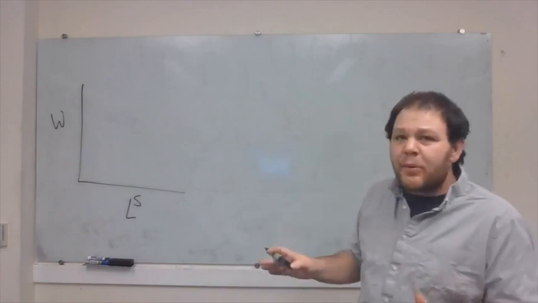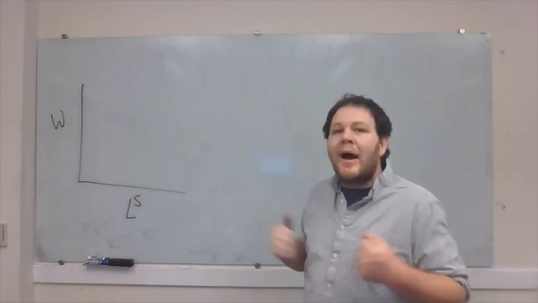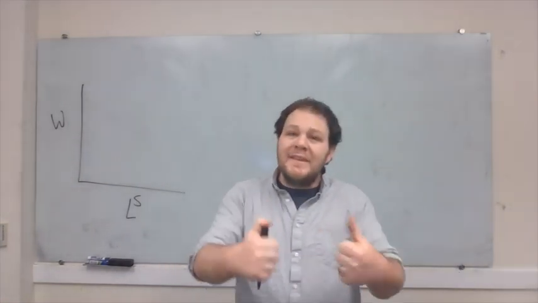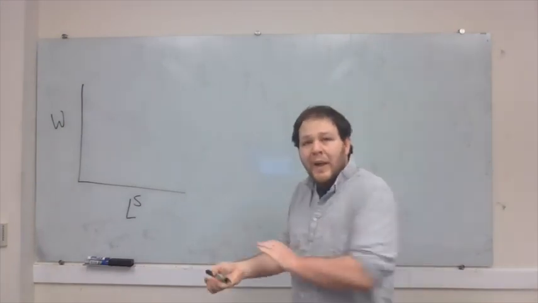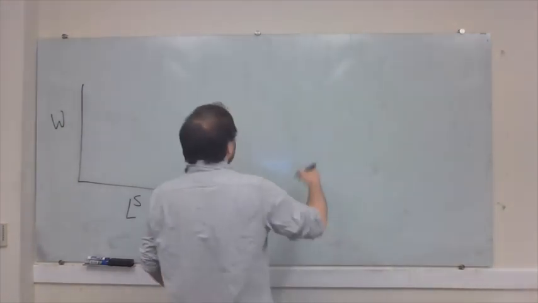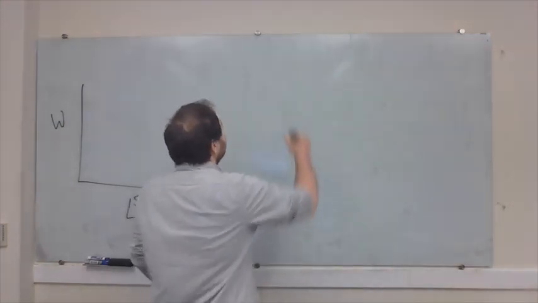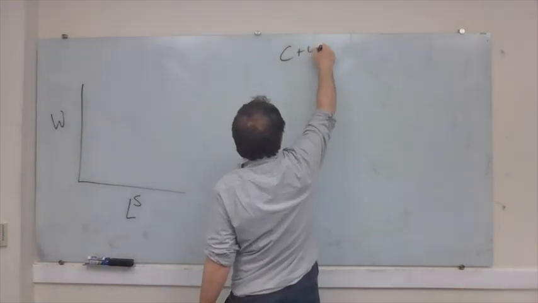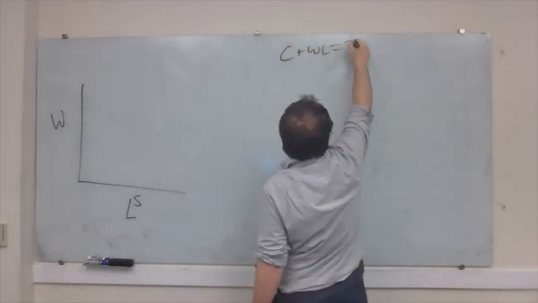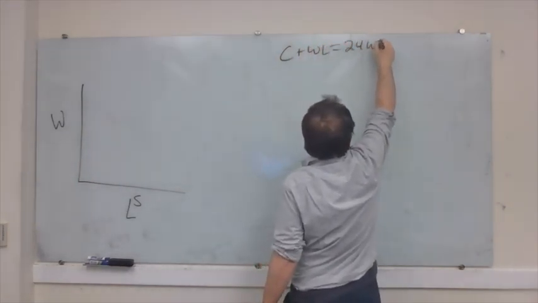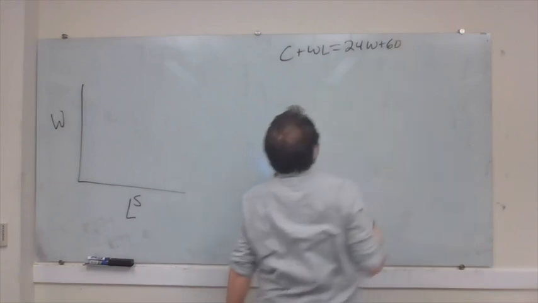We go through exactly the process that we just did to find our optimal choice of leisure for a specific wage, but for a general wage. So if we take our problem before, our general budget constraint is going to be C plus WL equals 24W plus 60.